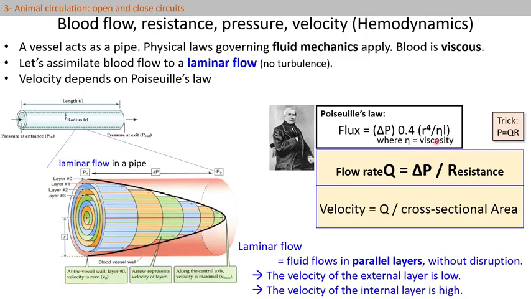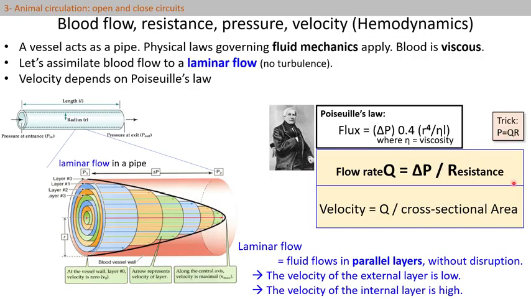So this term, 0.4 by the radius to the power 4 and divided by viscosity and the length, is essentially a term for resistance. So another way to say that is that the flow rate, called Q, is equal to the delta in pressure, so pressure, divided by resistance. Okay? This is a trick for memorizing that: Q equals P divided by R. So the way to write it is P equals QR.